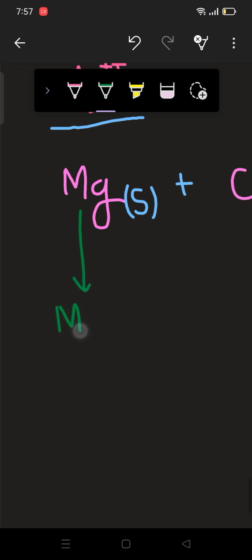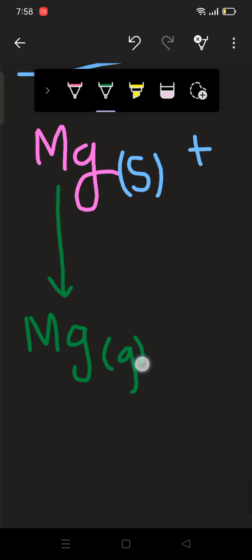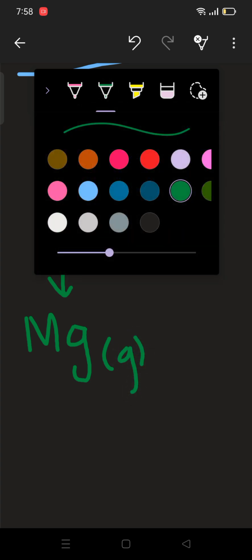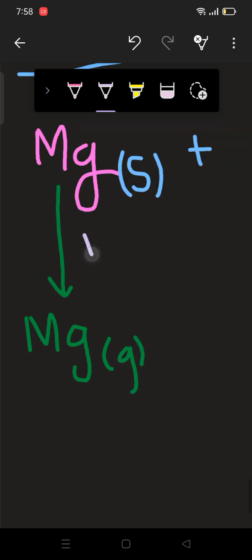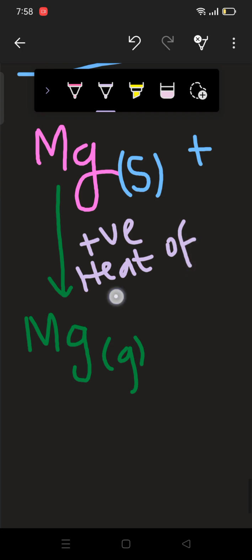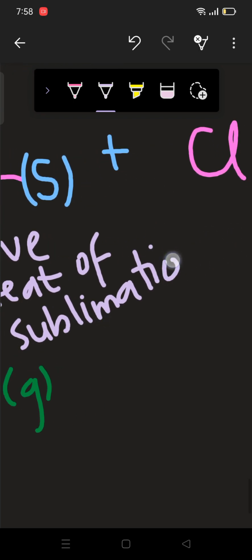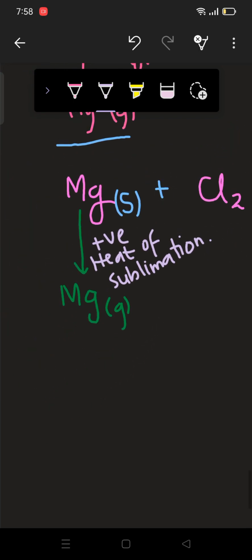So Mg into gaseous form by providing it with heat, and that is the heat of sublimation.